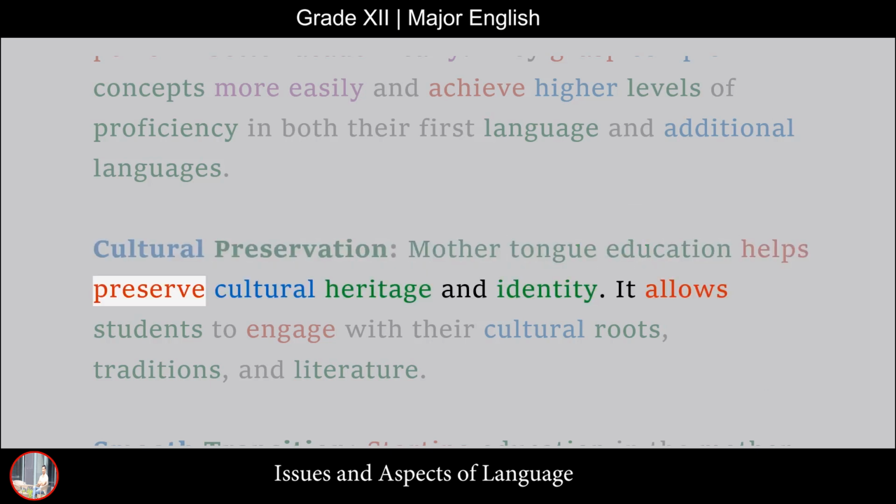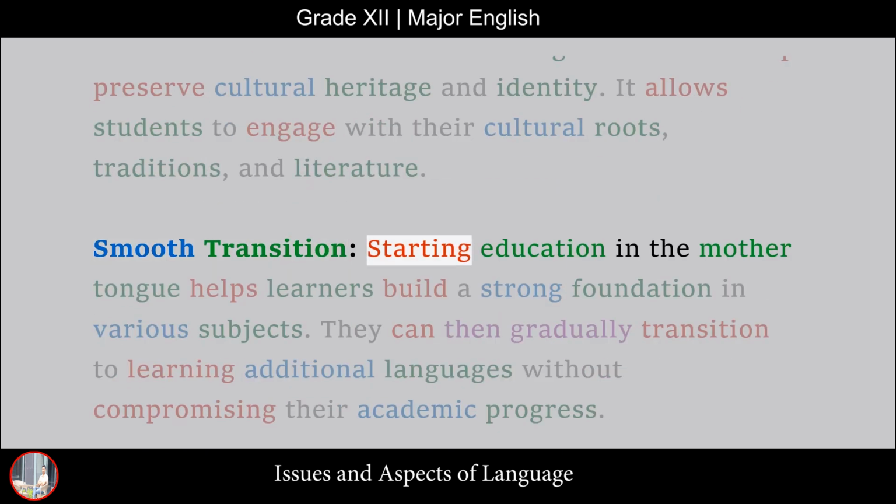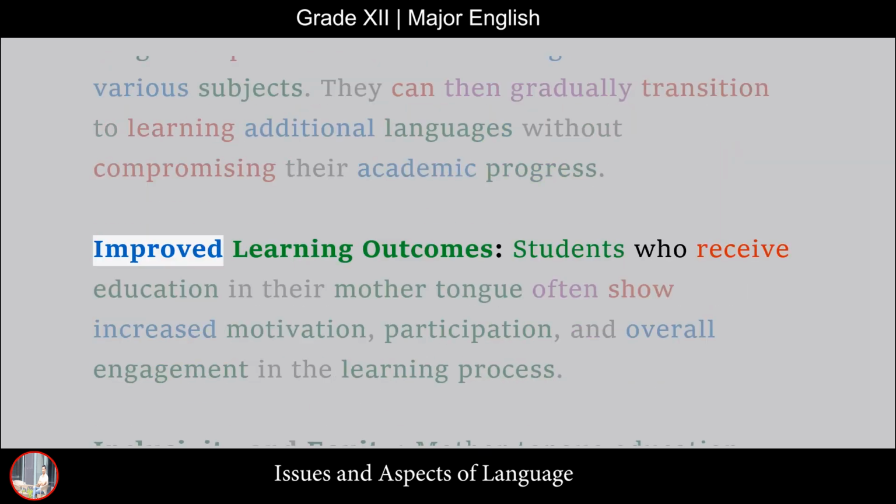Mother tongue education helps preserve cultural heritage and identity. It allows students to engage with their cultural roots, traditions, and literature. Smooth transition. Starting education in the mother tongue helps learners build a strong foundation in various subjects. They can then gradually transition to learning additional languages without compromising their academic progress.